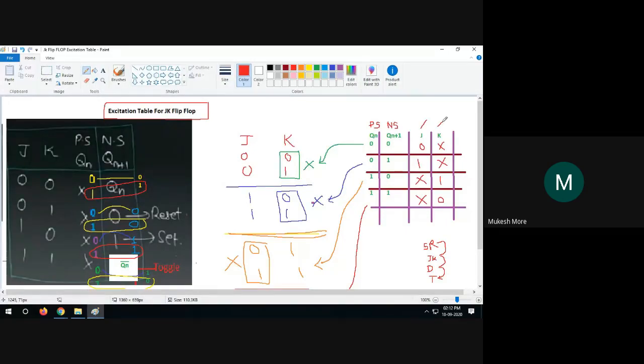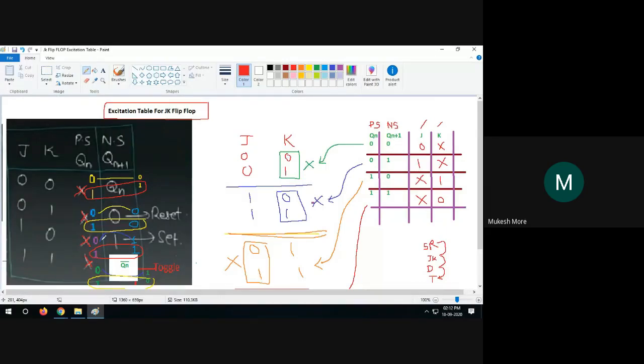Okay. Now, what is the procedure to identify the J input and K input for the JK flip-flop excitation table? First of all, you can see the present state is a don't care. Don't care means it may be either 0 or 1.